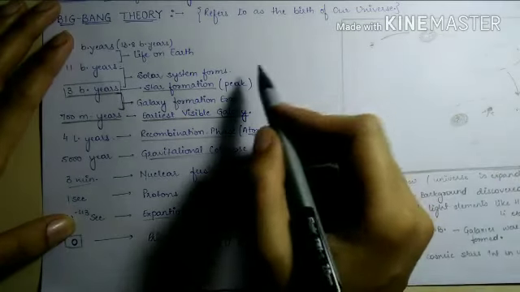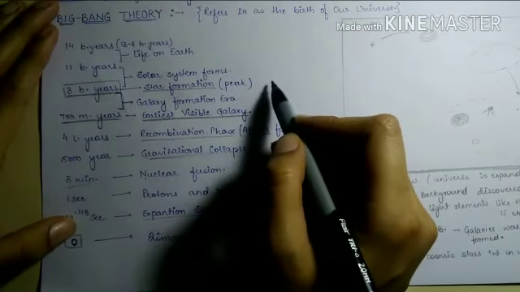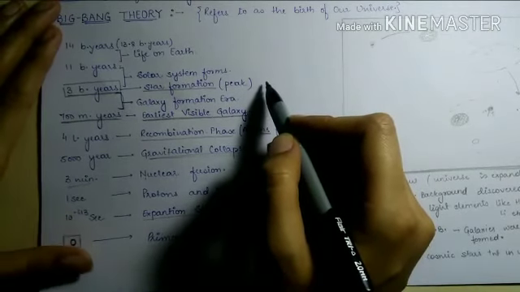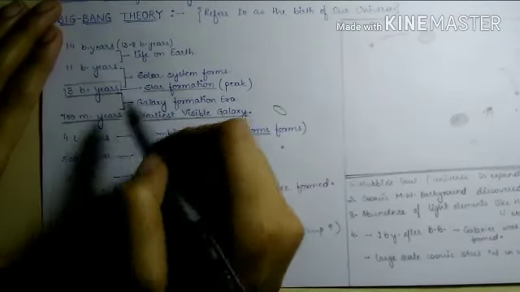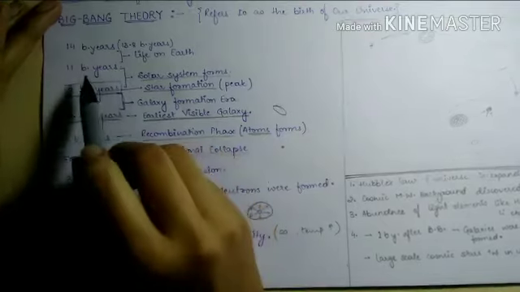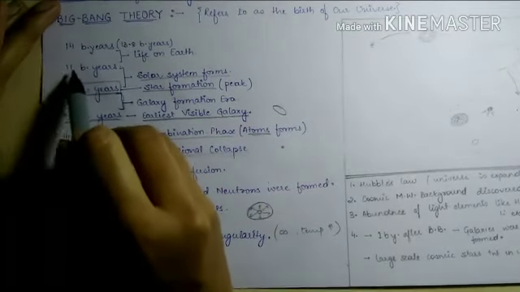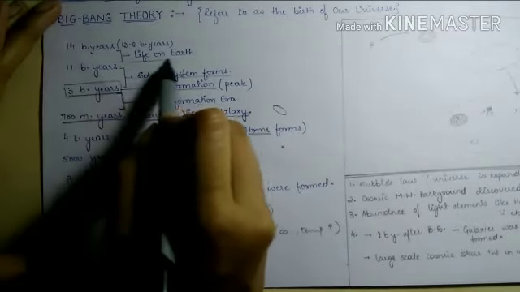That means at this time, the maximum number of stars were formed. Between 3 billion years to 11 billion years, our solar system was formed. And between 11 billion years to 14 billion years, life on the earth started.